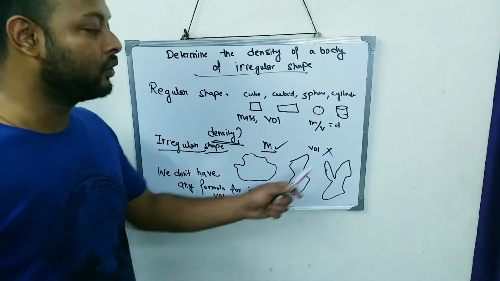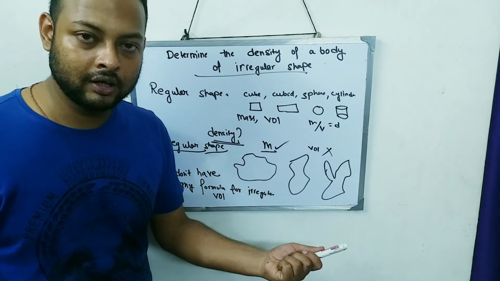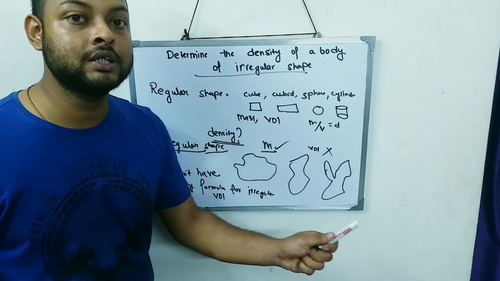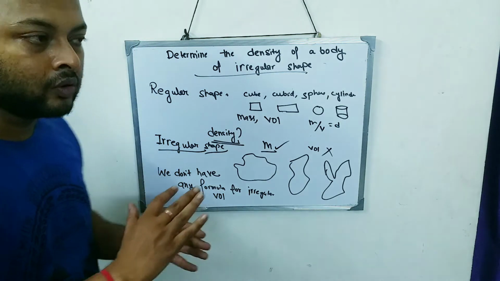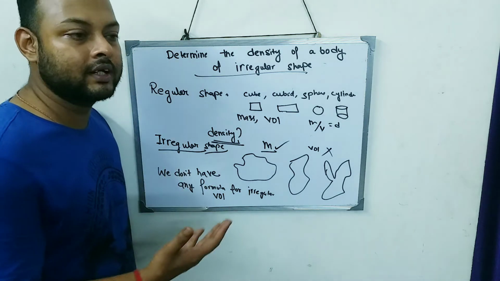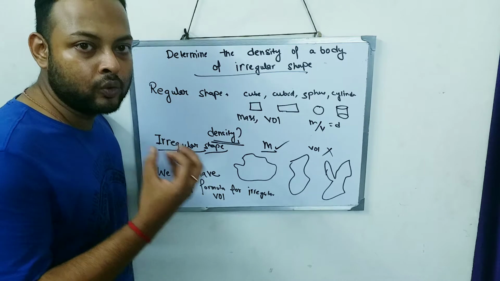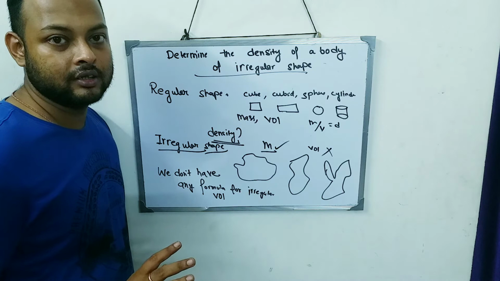So we have to calculate the volume of irregular shape not by formula but by other means. And what are those other means? We have to discuss in this lecture. So you got an idea. What we will do in this lecture is find the different ways to calculate the volume of irregular shape bodies.